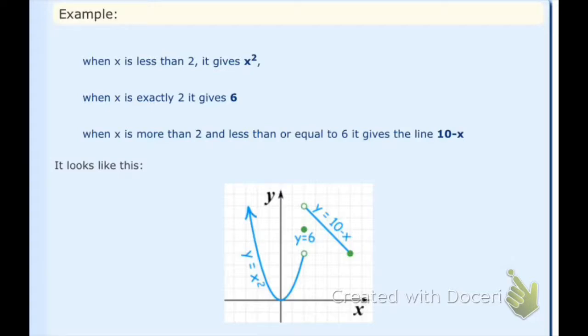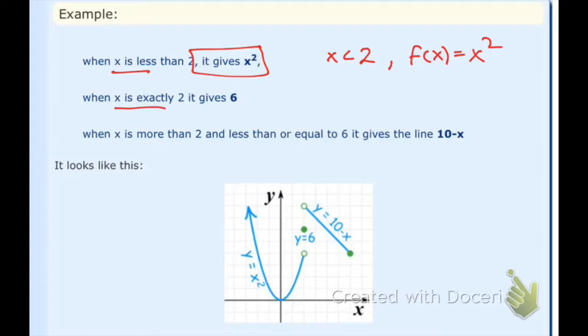So the example here is when x is less than 2, we get this function. We're going to graph f of x is equal to x squared. Now when x is exactly 2, if x equals 2, then we're going to graph this function. The function is equal to 6.